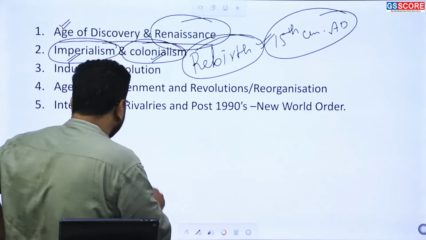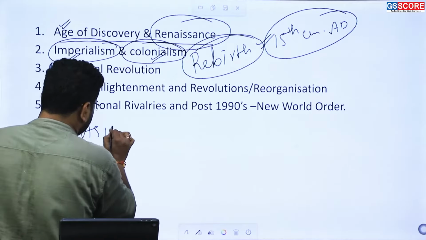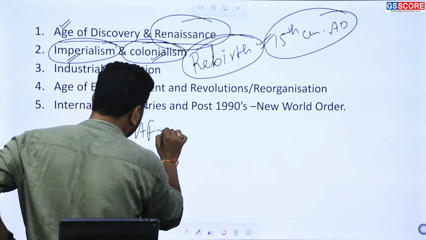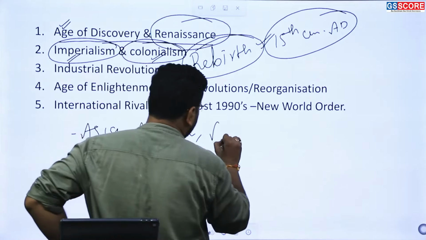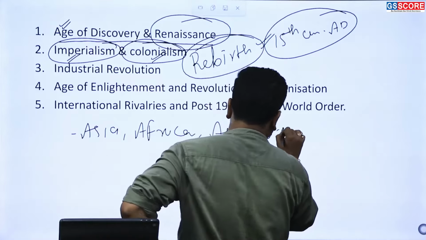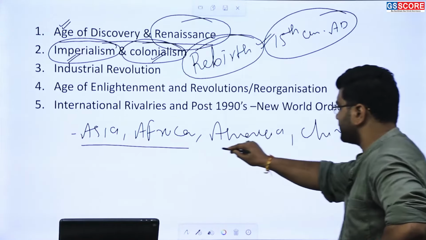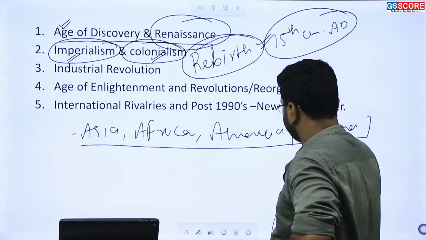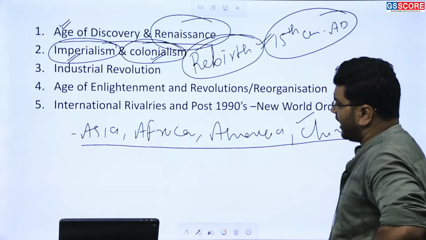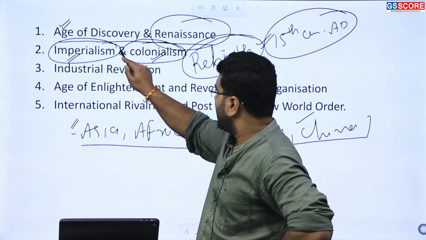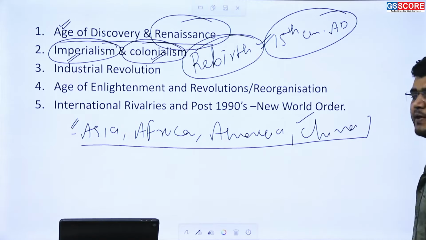We all know that Asia was conquered, along with that Africa was conquered, America was a colony, then China was a colony. Four important continents we can see. The countries nowadays were the colonies, and they were serving the need of the imperial power.